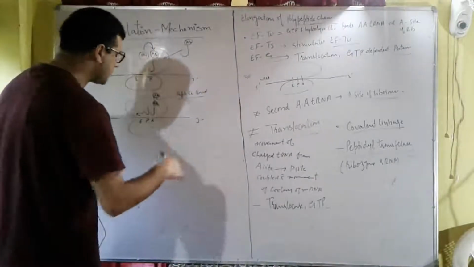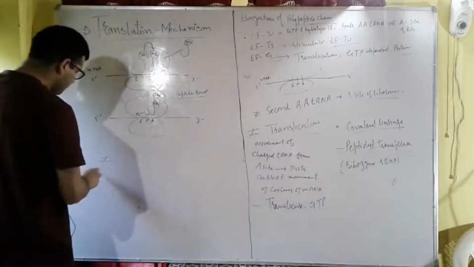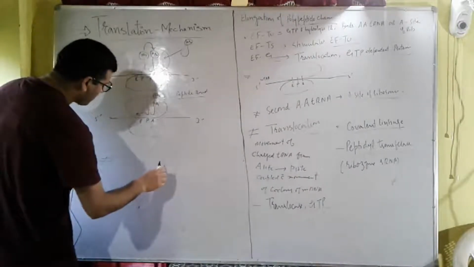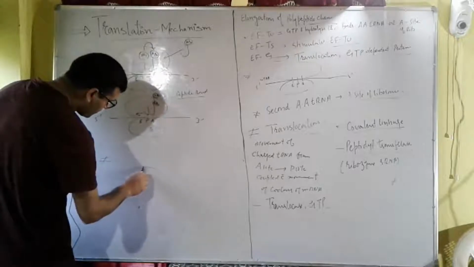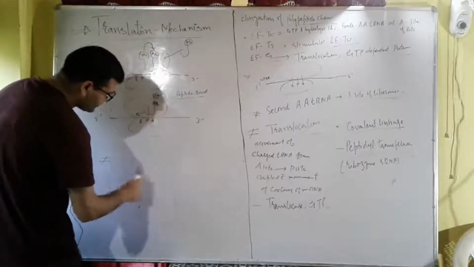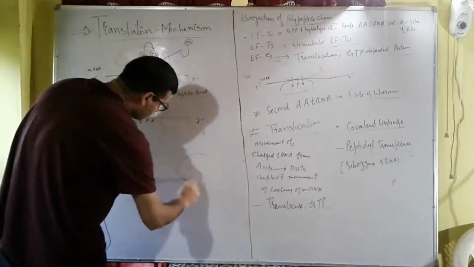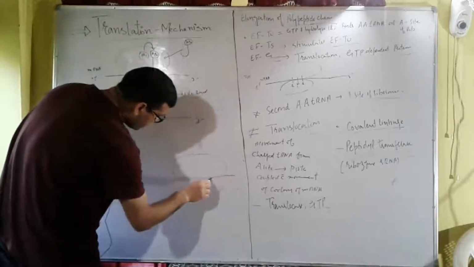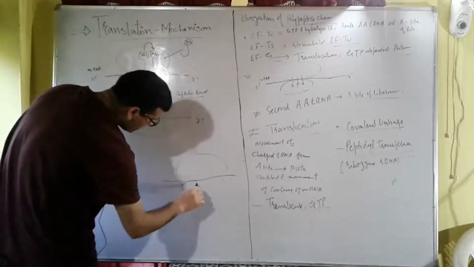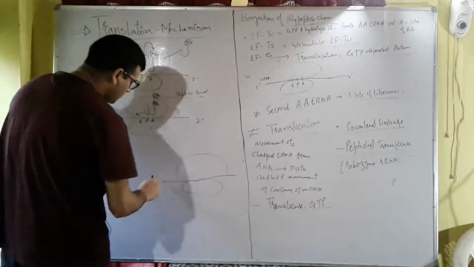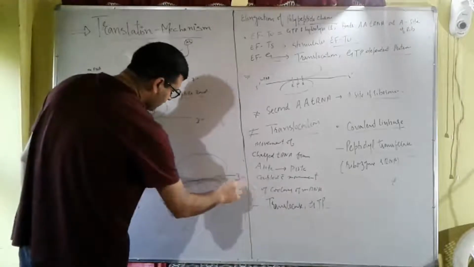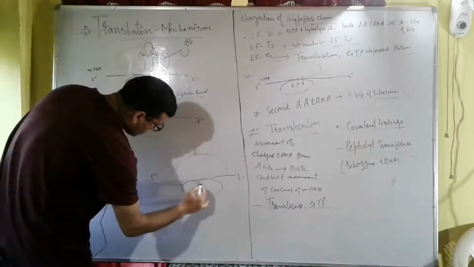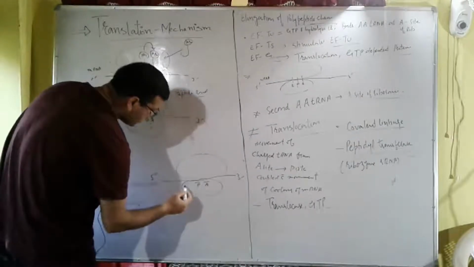And then in the next step, what happens? We'll show it here. This is the larger subunit of the ribosome, this is the small subunit of the ribosome, this is 5' 3' messenger RNA. We have P site, we have A site.